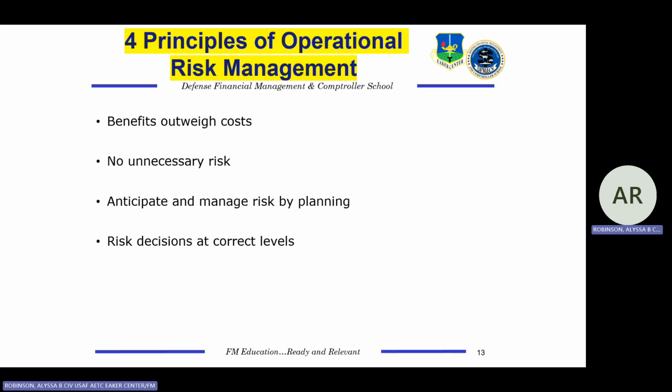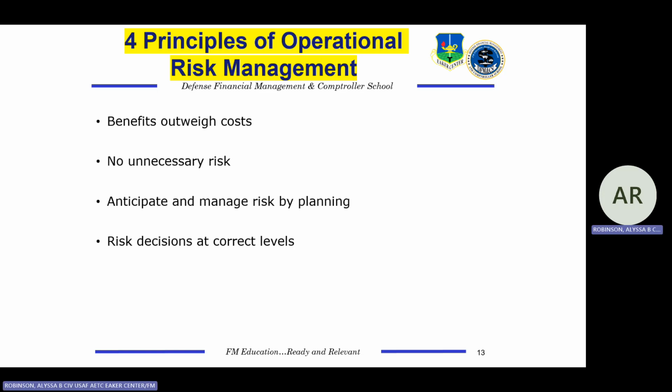Have they determined that the benefit of being able to use YouTube outweighs the risk of allowing us to have YouTube on our government computers? For those of us whose organization does allow that, they have determined that. So in risk management, it's important to consider whether the benefits outweigh the cost.